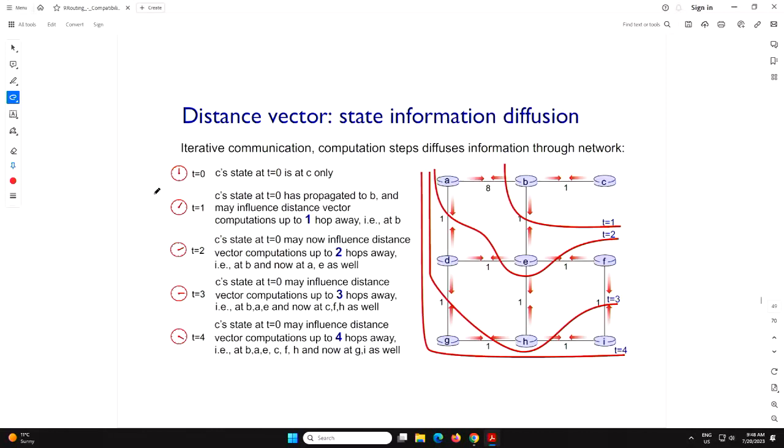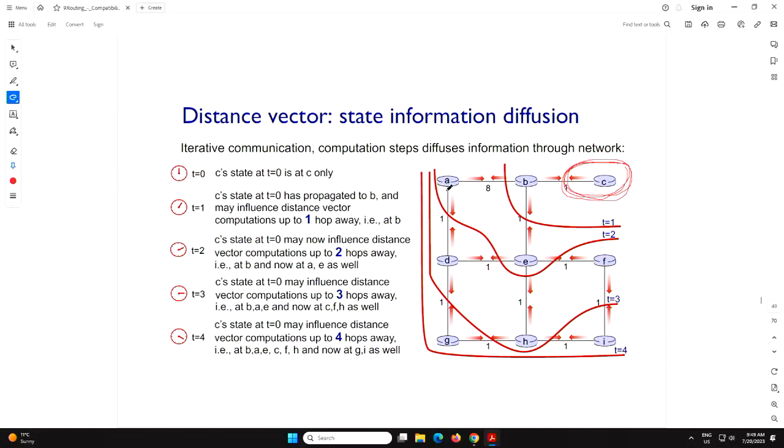So one thing you see is this. At T0, for example, if you look at C, in the beginning only C knows its routing table. Nobody else knows it. But at T equals 1, in the next iteration, let's say every 30 seconds, some updates are happening. B will receive C's information, and B's routing table will be influenced by C's information.